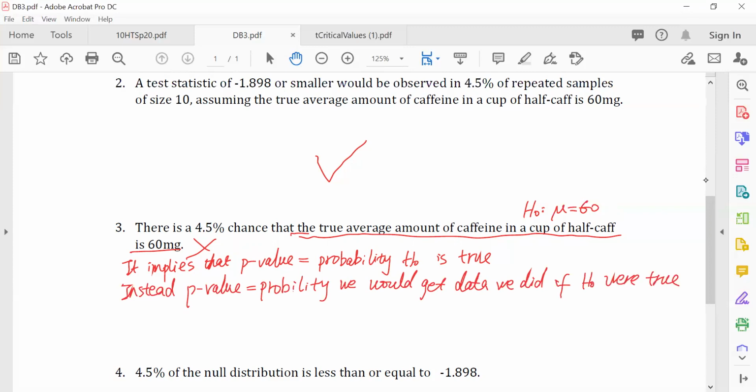So if H null is actually true, what is the probability that we would get the sample data that we got? If this value is really small, we will reject H null, which means H null is probably not true. That's the reason behind it. So that is the probability we would get the data if H null were true.